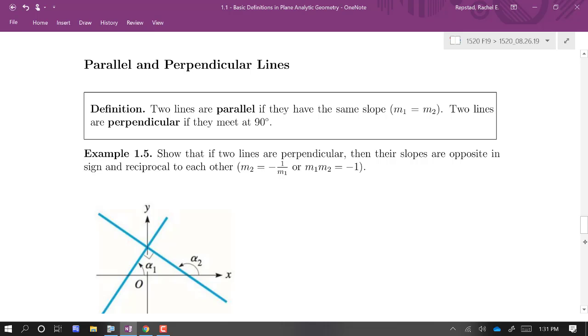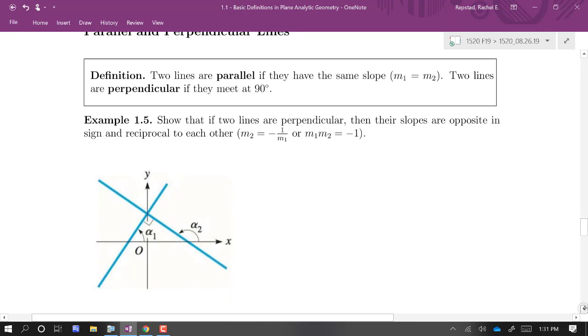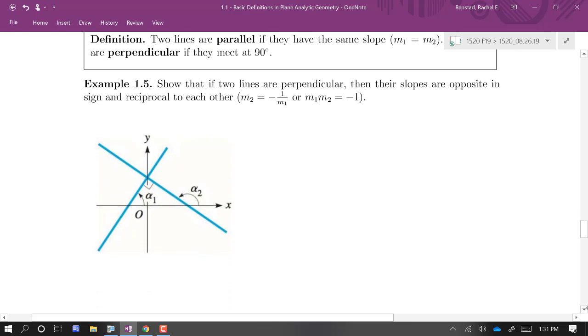So what I want to do right now is just sort of connect these two ideas. If we start with that geometric definition of perpendicular, can we show that their slopes should be opposite reciprocals? Right, so I've got two lines here.